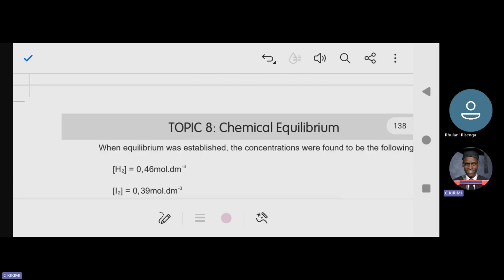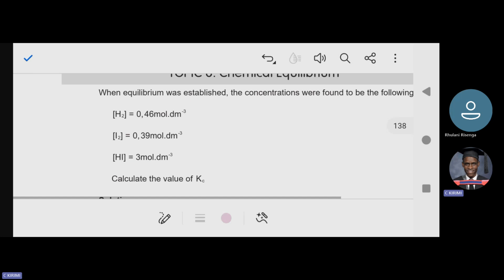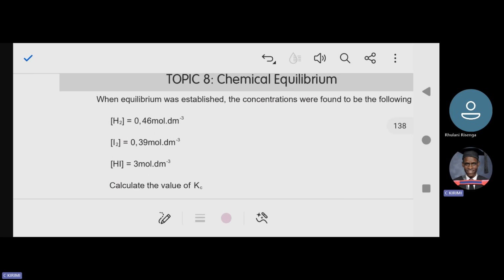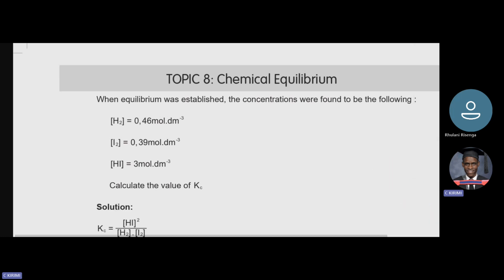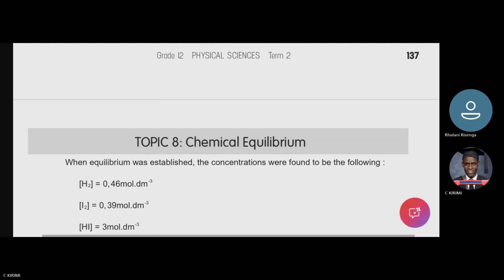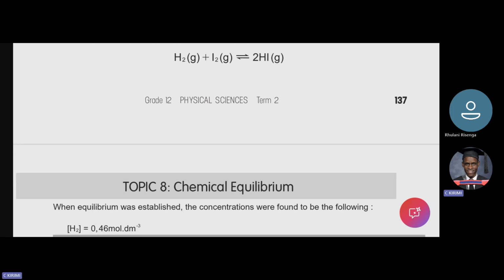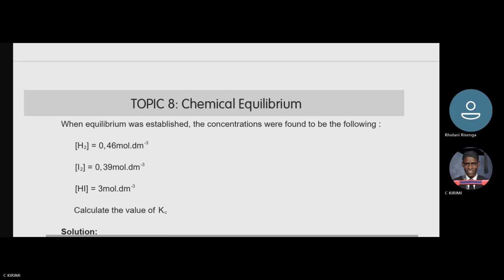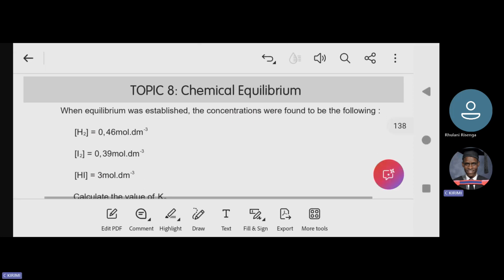So the question is now, when equilibrium was established, the concentrations were found: concentration of hydrogen, concentration of iodine, and then they tell you to calculate the Kc value. So let's see how you punch your calculator there. Just a matter of the calculator. So we have the equation for hydrogen plus iodine to give 2 HI. Calculate the Kc given. It's a matter of just substitution here.